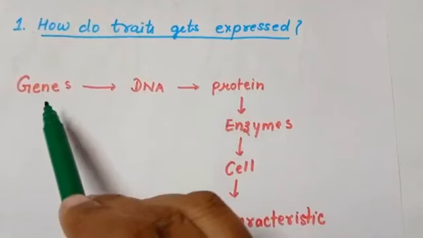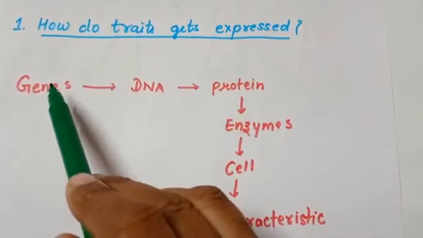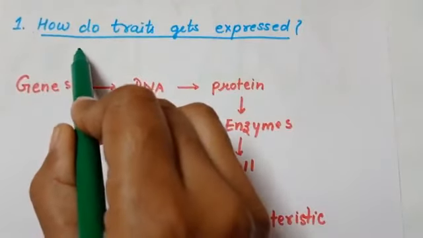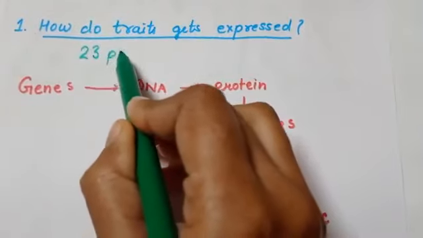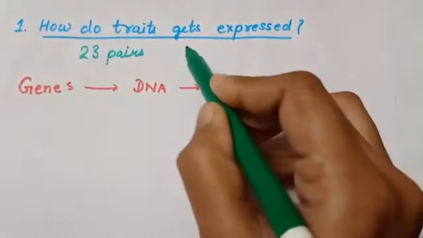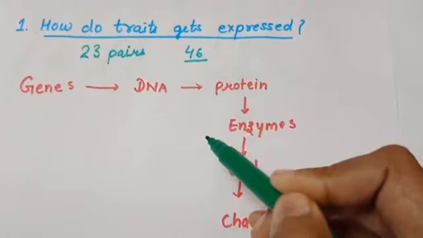And we all know where the genes are present? Genes are present on the chromosomes, and humans have 23 pairs of chromosomes. That means a total of 46 chromosomes are there in humans.